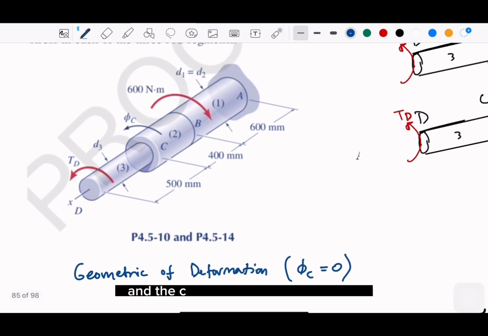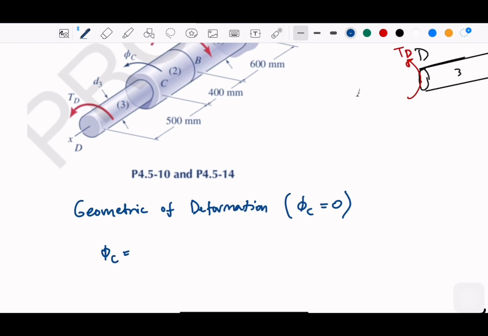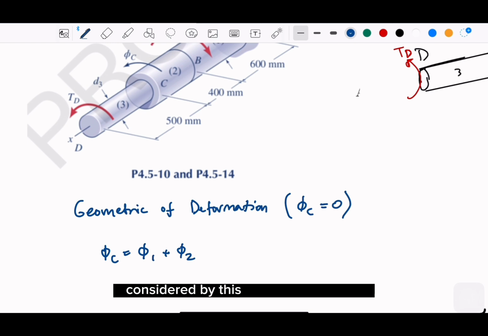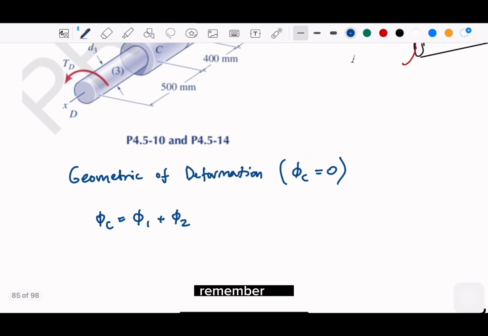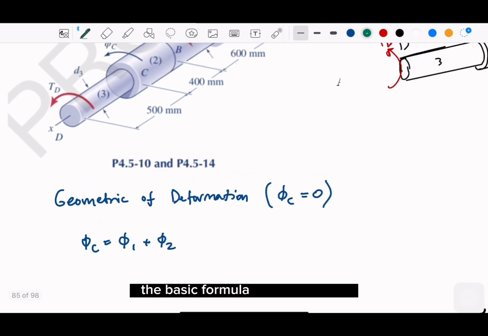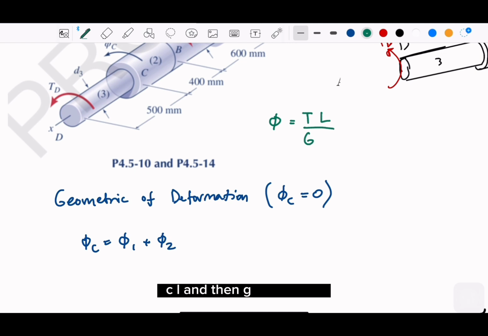And since C, this is fixed on A, then we could say that this is going to be considered by this angle 1 and 2. Now the basic formula for the angle is T, L, and then G, and inertia.